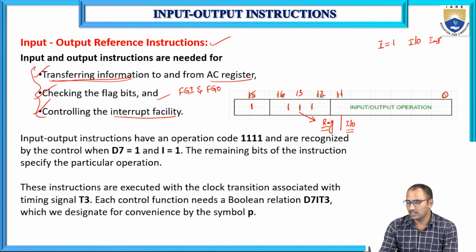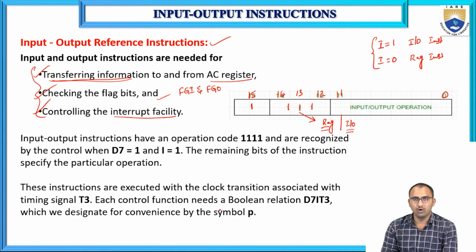If I is equal to 0, then that is a register reference instruction. So in this way, we decide whether the given instruction is an IO reference instruction or a register reference instruction.